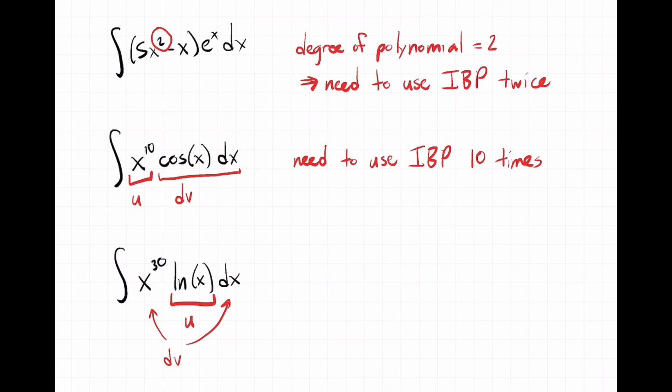The power on the x will end up going up because you're going to find the antiderivative of your dv. But when you find the derivative of your u, you'll have 1 over x, and you're actually going to have a simpler problem. You only will need to use integration by parts once. Give it a try and you'll see that it works.